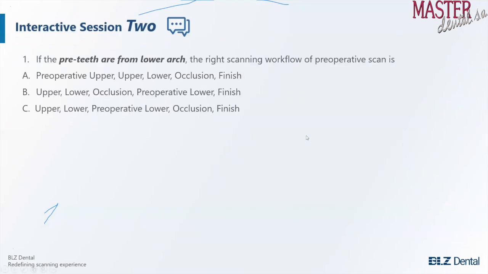Let's have a view of the first question: if the pre-teeth are from the lower arch, the right scanning workflow of preoperative scan is A, B, or C. Which one is the right scanning workflow?